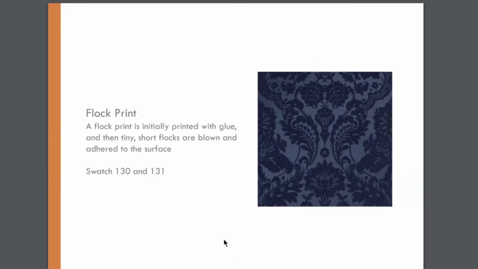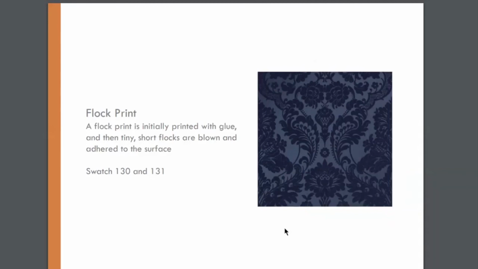Like glitter, in flock printing, tiny short flocks or fibers are blown on top of that glue and adhere to the surface. So it almost feels like a raised velvet or a cut velvet, and you get to see that print, but it's not woven into the fiber, it's just adhered to the surface.